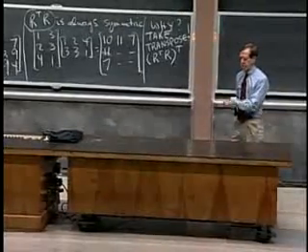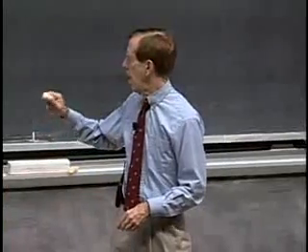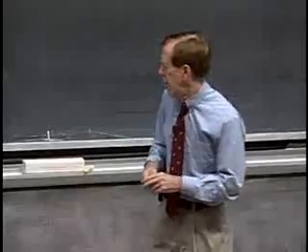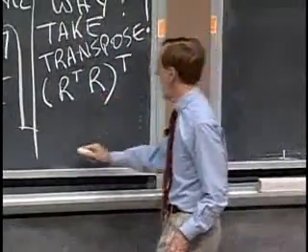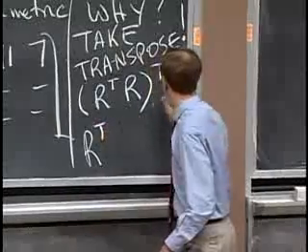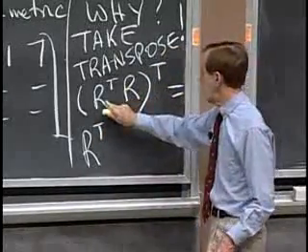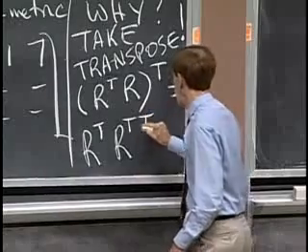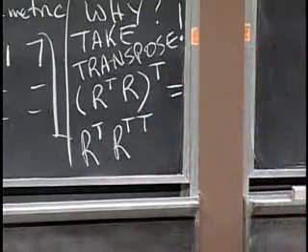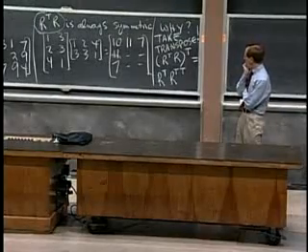Same rule for transposes, and which we'll now use. So the order gets reversed. It's the transpose of that comes first, and the transpose of this comes now. That's what I have to write, right?